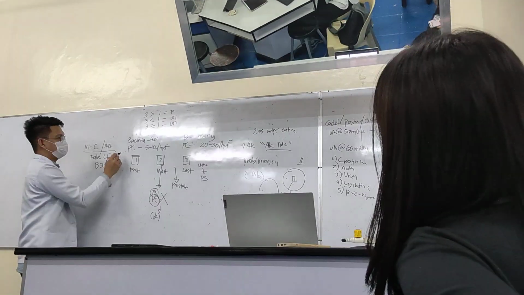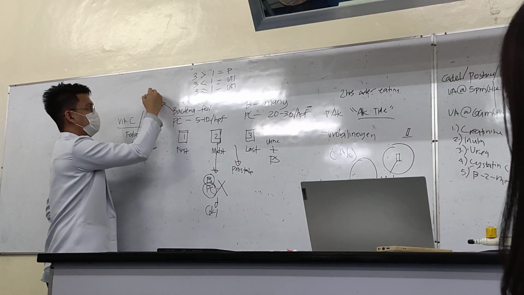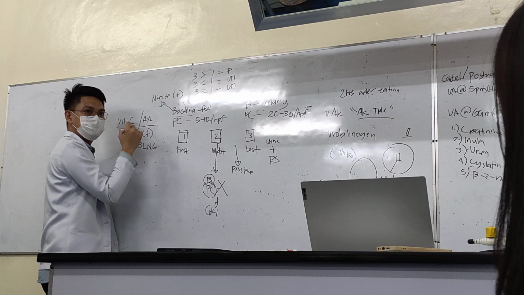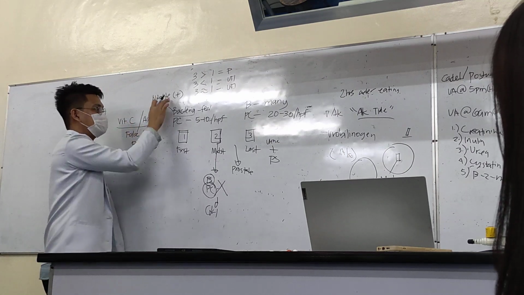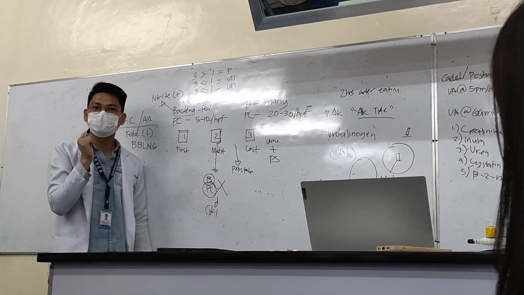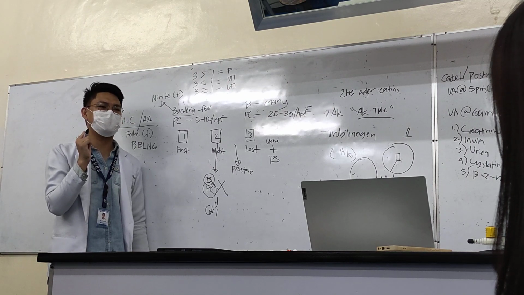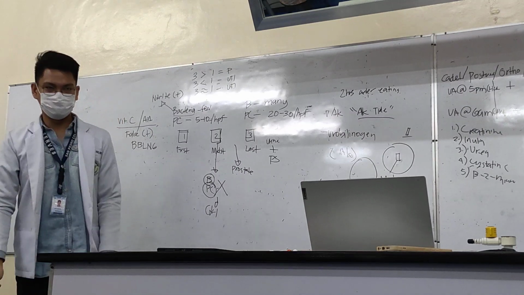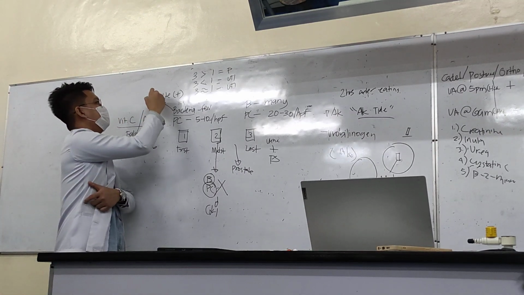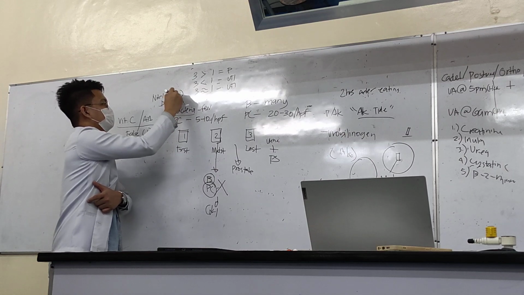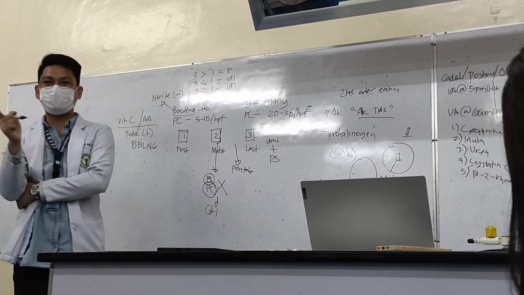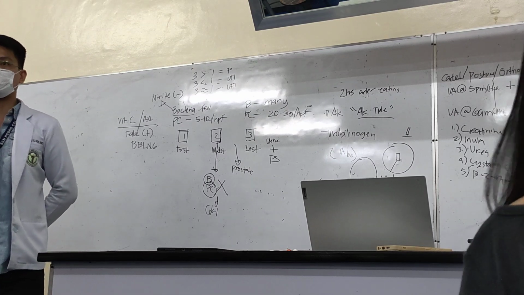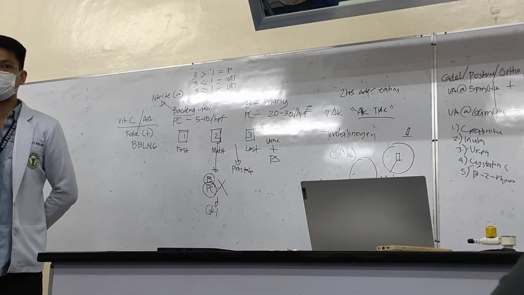So since there is bacteria, nitrite should be positive. Does nitrite always turn positive in a UTI? Remember, it is the nitrite reductase test. For example, nitrite is negative. Does that mean the bacteria has no nitrate reductase enzyme to convert nitrate to nitrite?